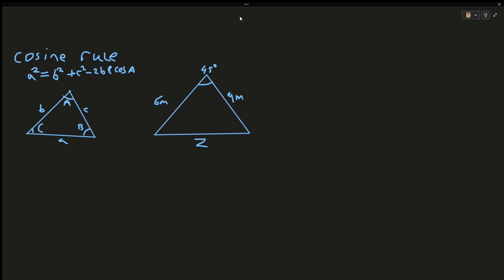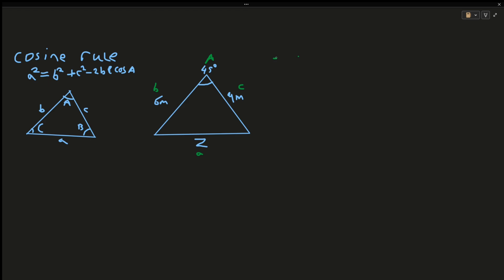Okay, so let's do our calculations. So we want to find Z, right? So we're going to label Z as our a, small a. We're going to label this as our big A. It doesn't really matter which one's B or C, so we're going to call this one B, and we're going to call this one C. So we're going to just plug in the formula.